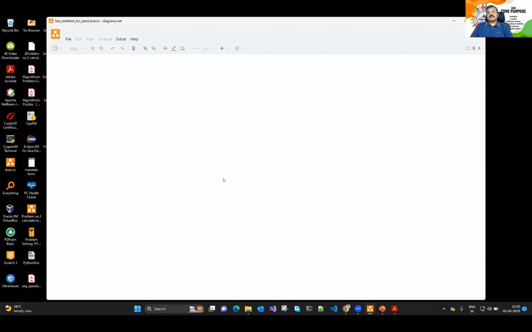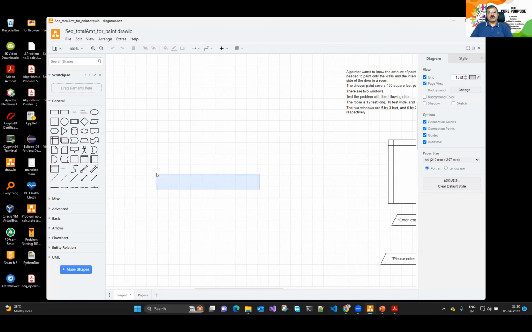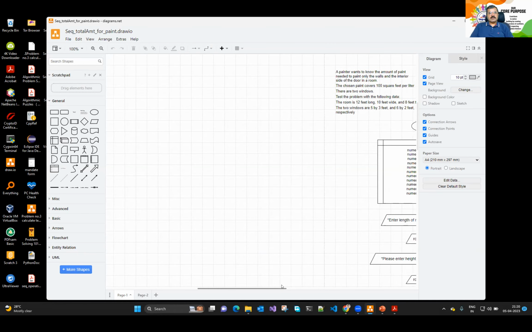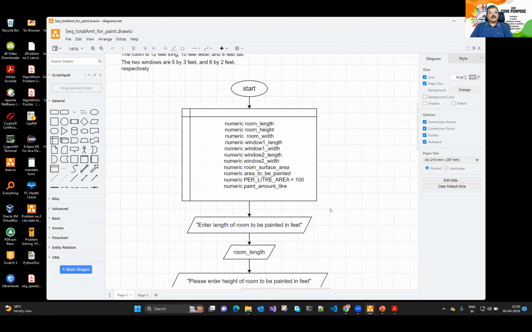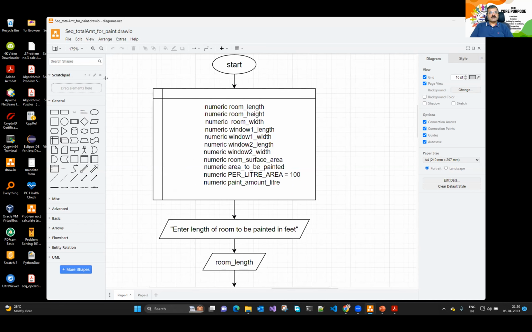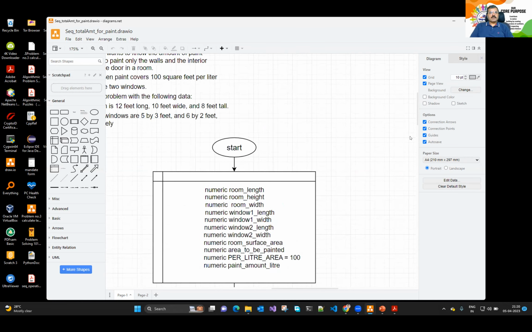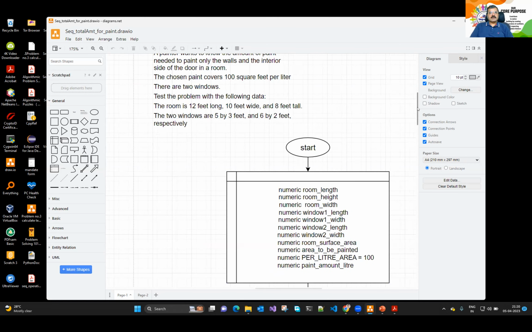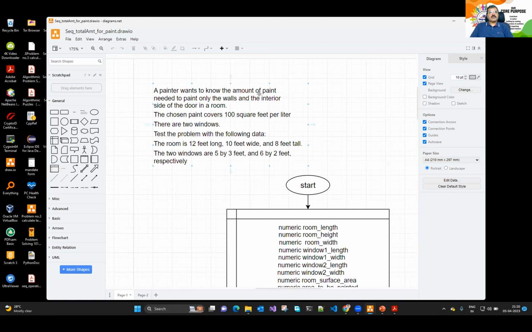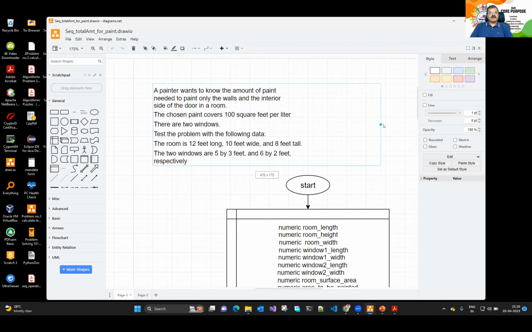Let's see whether Bhagesh's solution, the team 2 solution, is correct or not. This is the font size. The problem wants to know the amount of paint needed.